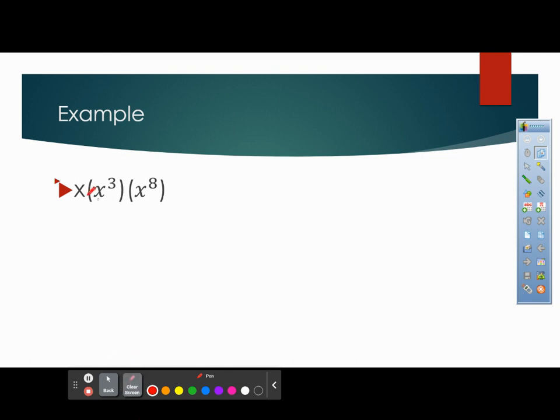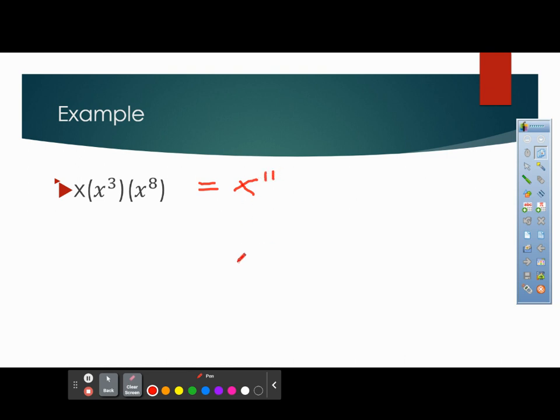The base, okay, are all the bases the same? Yes, ma'am. Okay, so tell me what to do. Well, since they're the same, you could add 3 plus 8. Okay, what's 3 plus 8? 3 plus 8 is 11.